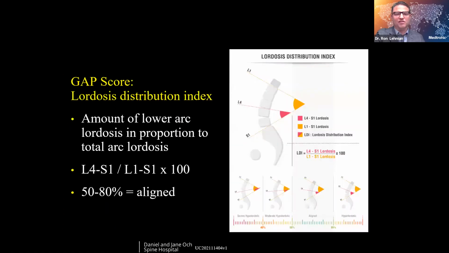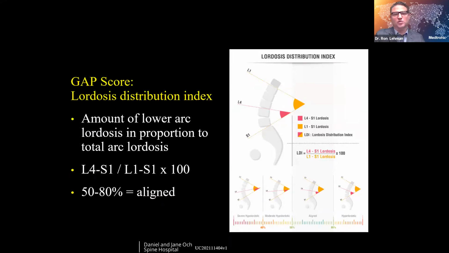And most commonly, this is L4 to S1. It varies a little bit depending on the pelvic incidence. So for patients with a low pelvic incidence or PI, you should have more lordosis from L4 to S1. Patients with a much higher PI, especially those over 60, you can have more lordosis further up, or more cephalad in the lumbar spine, to really help get your distribution appropriate.